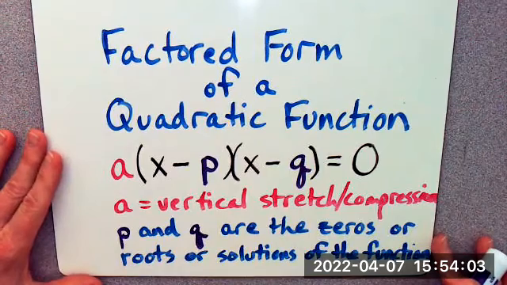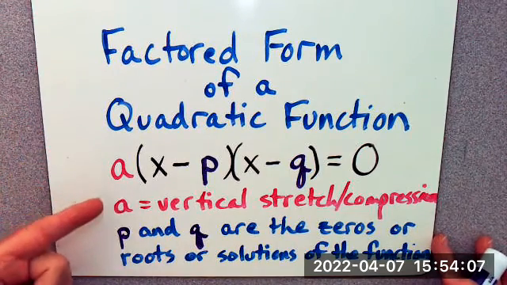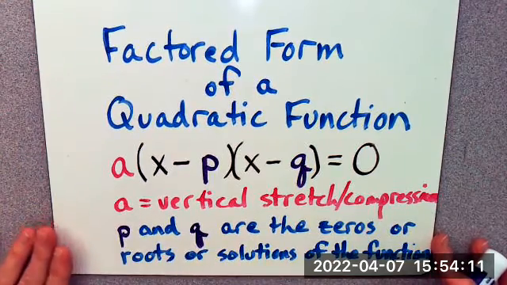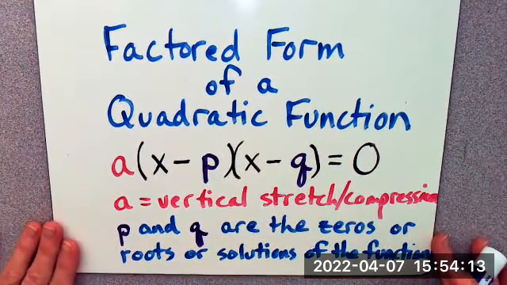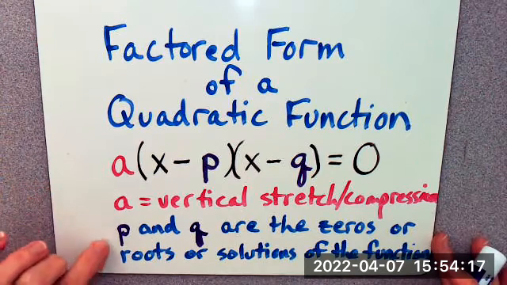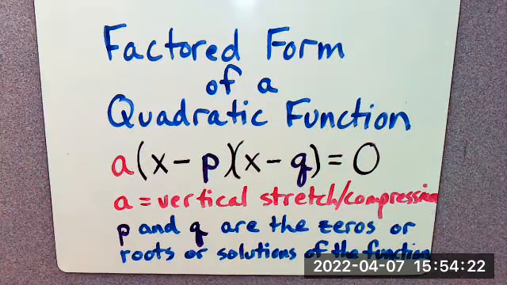The factored form of a quadratic is a times the quantity x minus p times the quantity x minus q equals 0. So a again is your vertical stretch or compression, but p and q are your zeros or your roots or your solutions to the function.